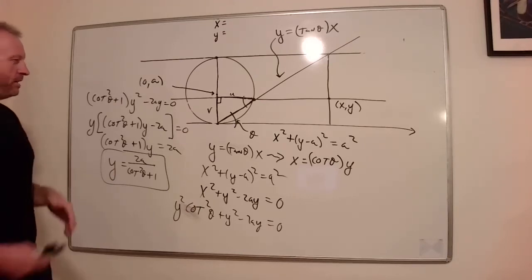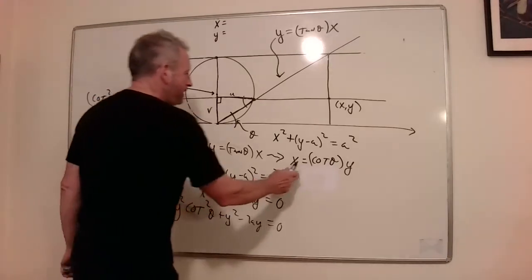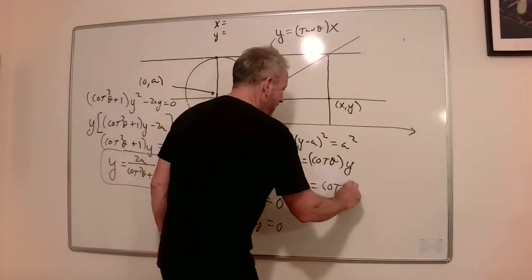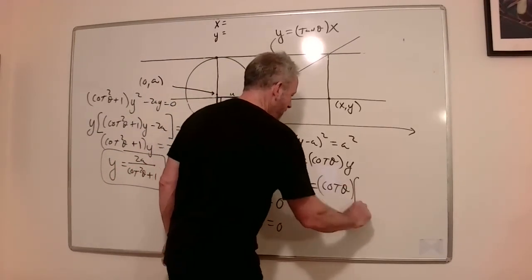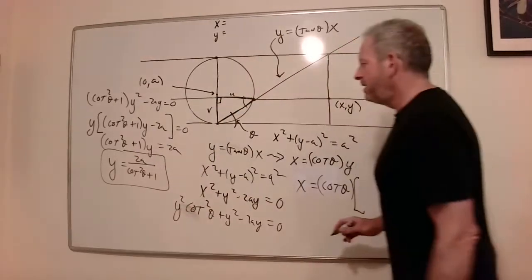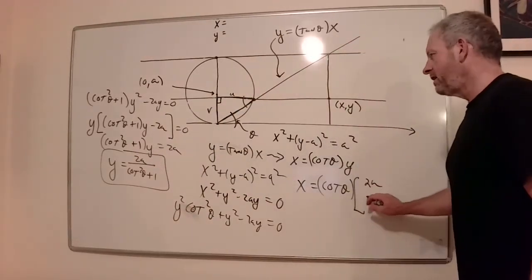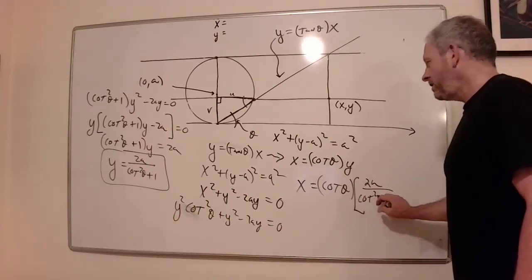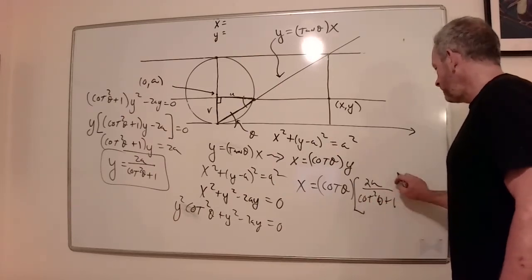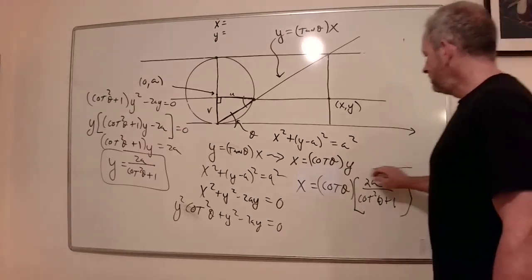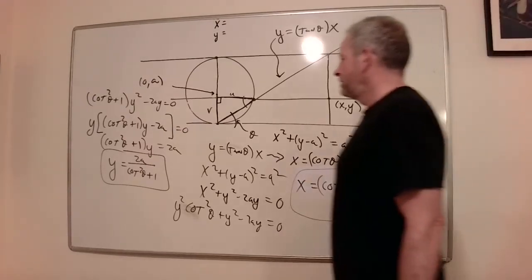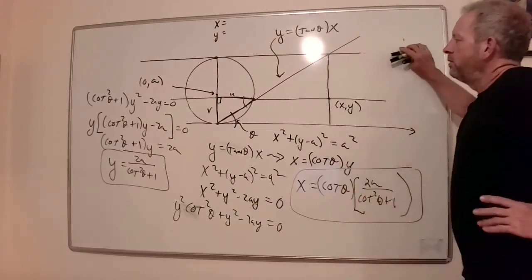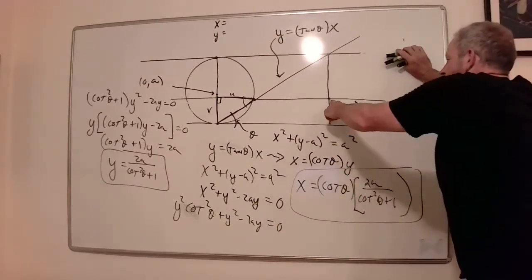Let's go back and find x. Here was x right here. Ooh, geez. Cotangent theta times y. What is y? y is 2a divided by cotangent squared theta plus 1. Well, there's x and there's y. But that's not ultimately what we're looking for. We're ultimately looking for this point right here.